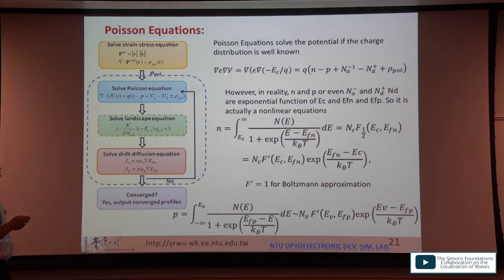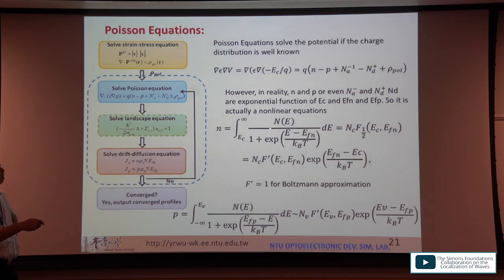But the problem is that if you want to solve the Poisson equation, the carrier density is actually the Fermi integral of the density of states, like a Fermi half integral. Of course, if you use the Boltzmann approximation, you take off the 1, and you can say it's N_C exponential of (E_Fn minus E_C) over k_B T. So this is the Boltzmann approximation. But in reality, you have a factor.